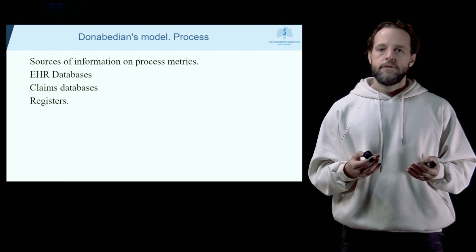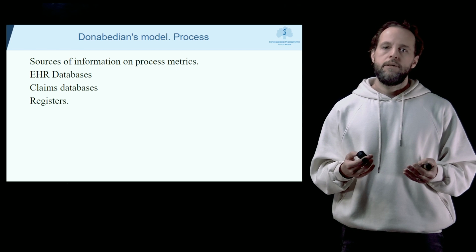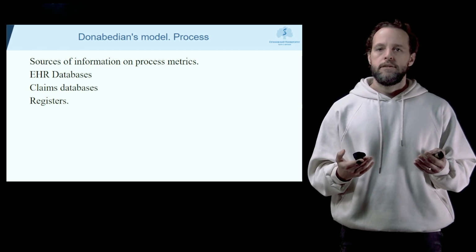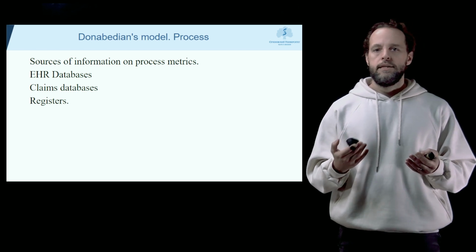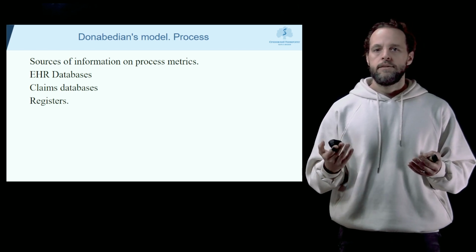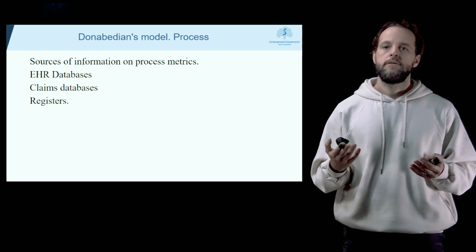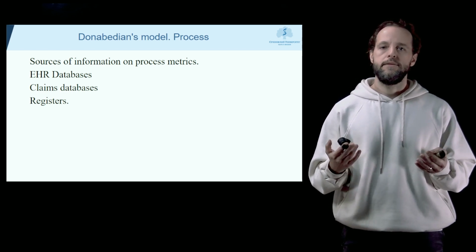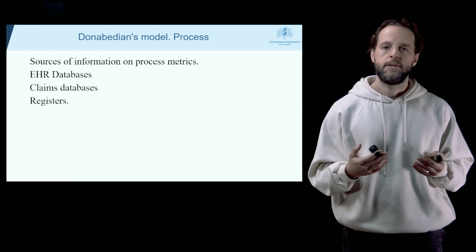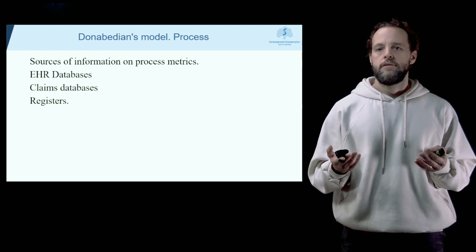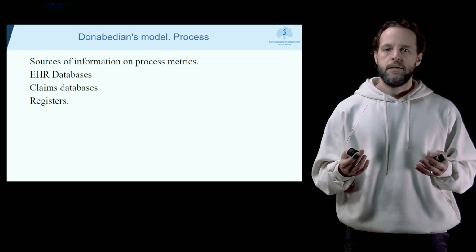There are many sources of information about process metrics. Often EHR databases or claims databases can be used to identify different patients and track whether they have received recommended care or not. Sometimes registries are used.